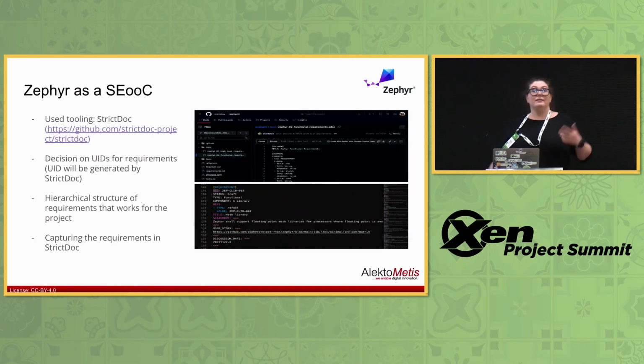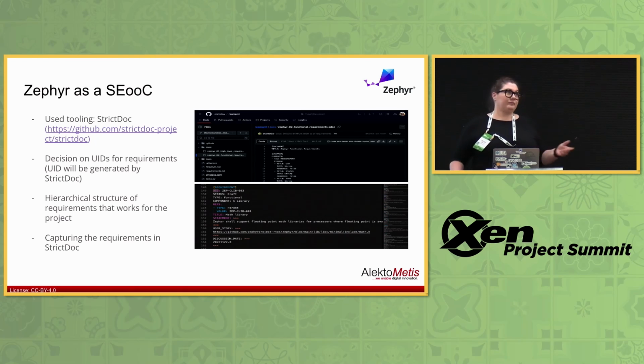The main work is requirements. We are not using OpenFastTrace, we are using StrictDoc, which works pretty similarly. We have a text-based format that lives in StrictDoc. We discussed all the things that you discussed in the beginning. Which IDs do I want to assign to my requirements?